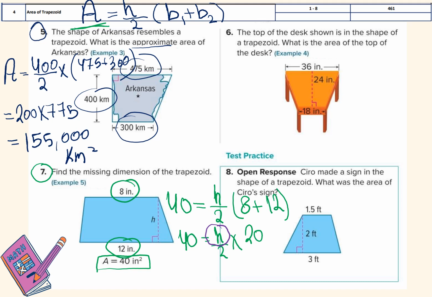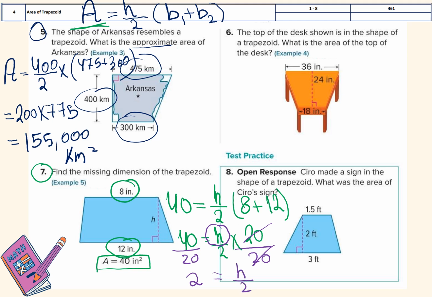To do that, firstly, I'm going to get rid of that multiplication by 20. The inverse operation is division, so I'm going to divide both sides by 20 first. 40 divided by 20 is 2, which equals H over 2.